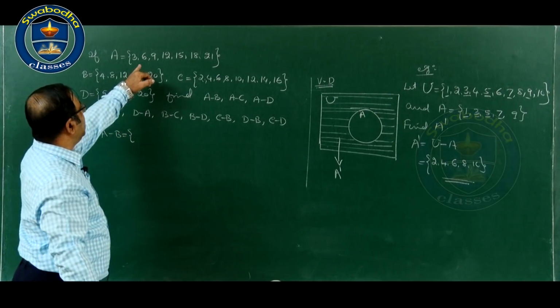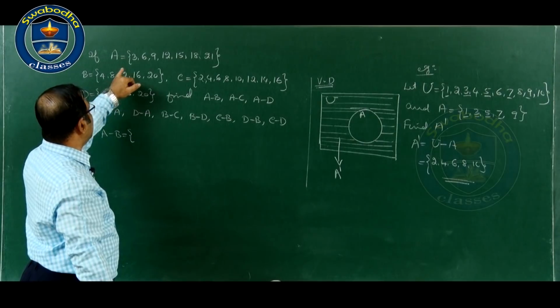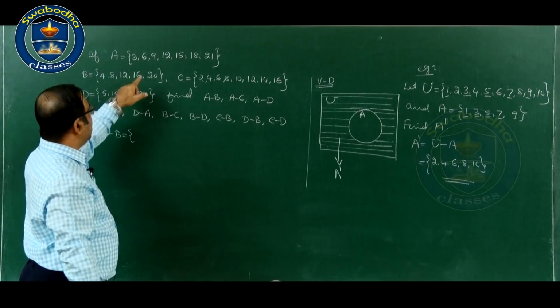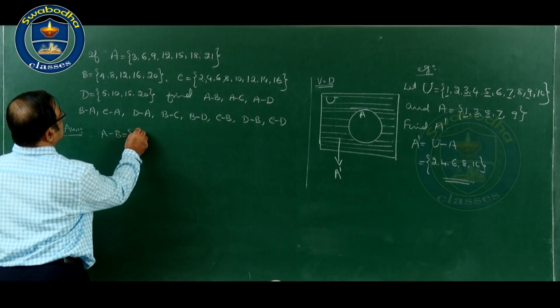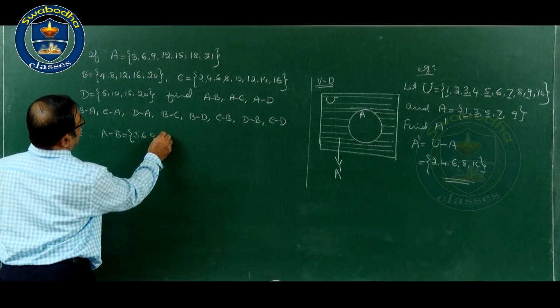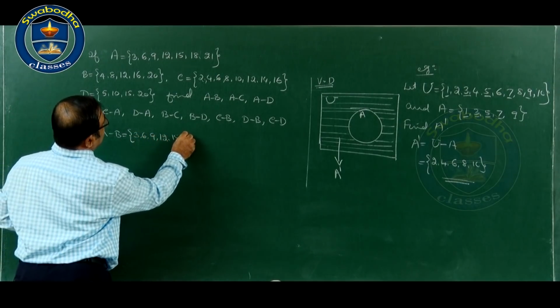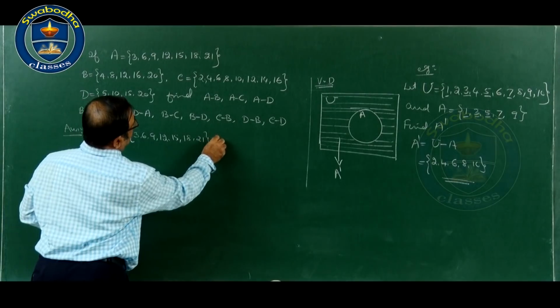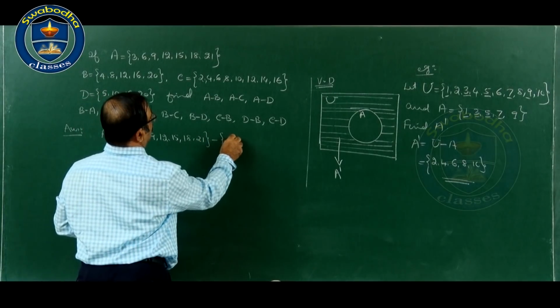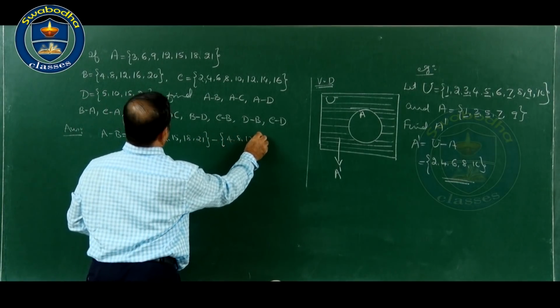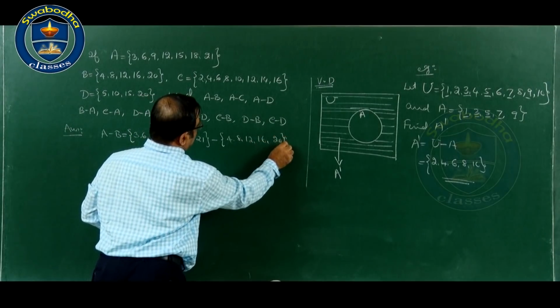You look at A and B. A is 3, 6, 9, 12, 15, 18, 21. B is 4, 8, 12, 16, 20.